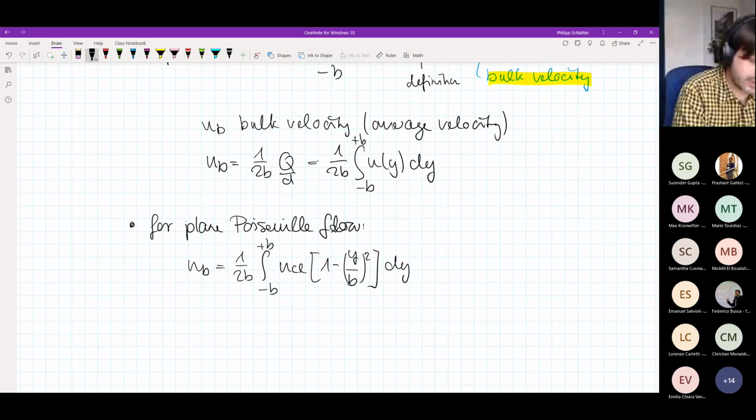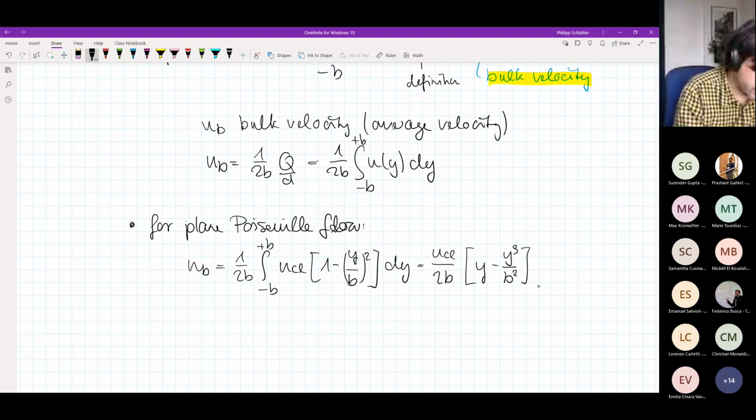Now I can just do these integrations, a little bit step by step. It's UCL divided by 2b, that's a constant. And then I just integrate these two terms. It's y minus y to the 3 divided by 3 b squared. And this I need to evaluate between minus b and plus b.